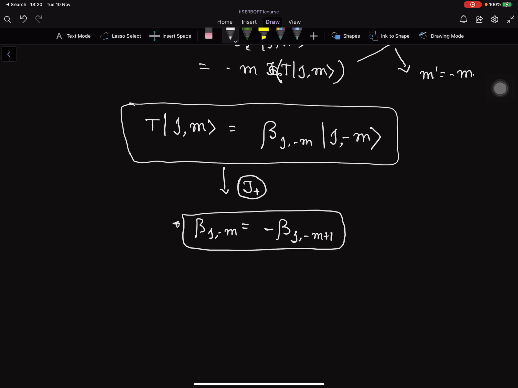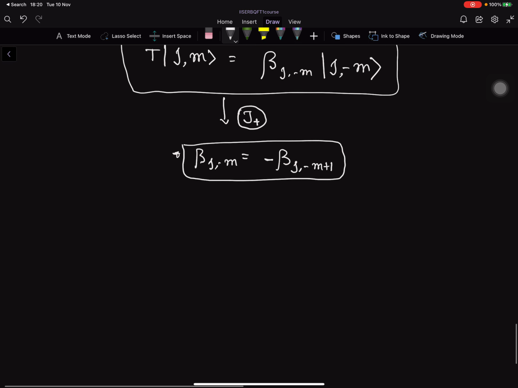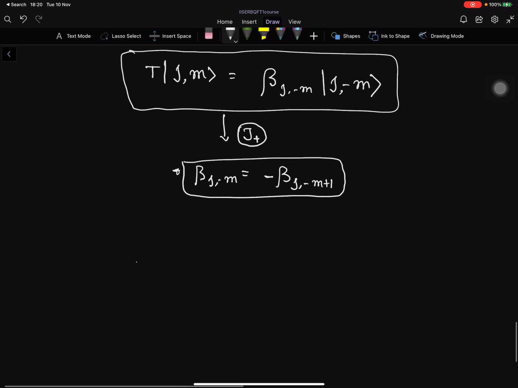Okay, so this is an extremely important equation. So this is the recursion relation.